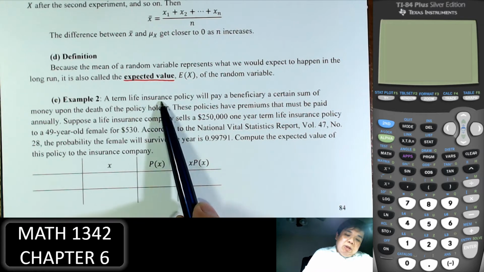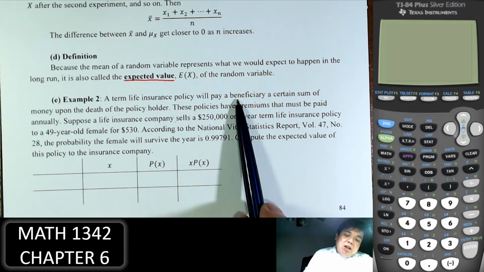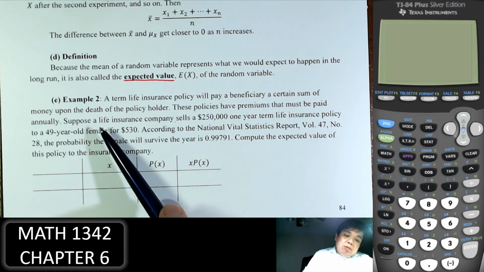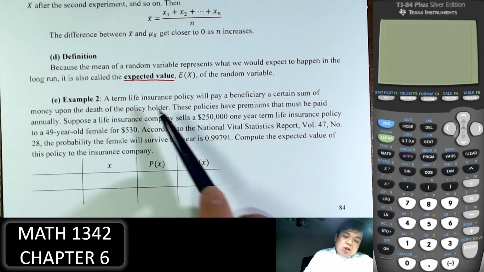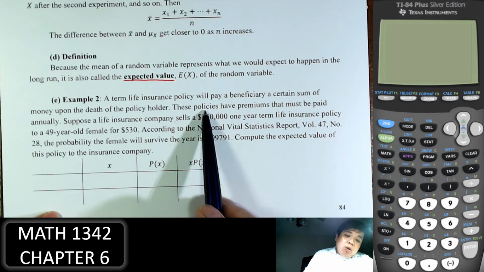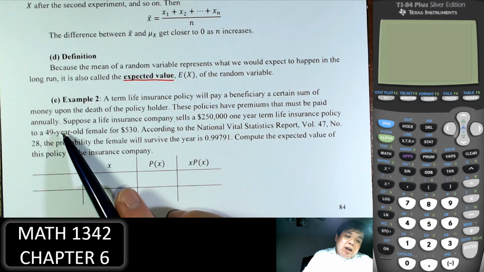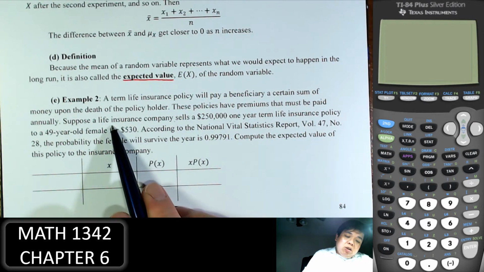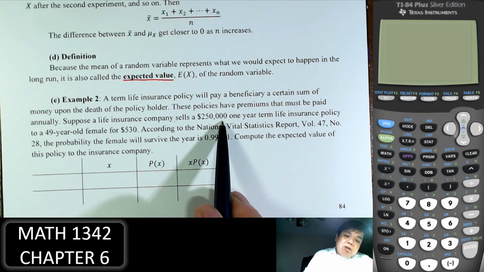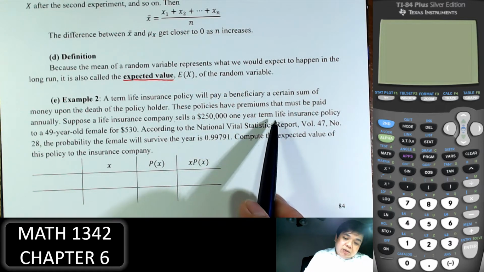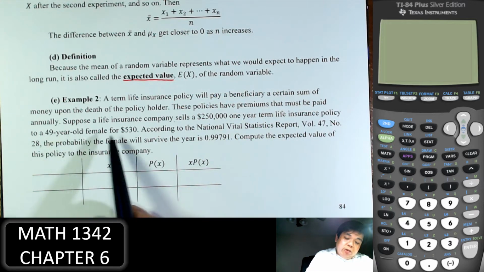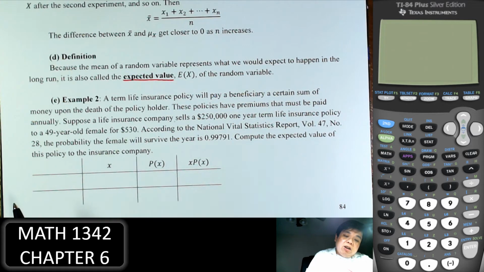A term life insurance policy will pay a beneficiary a certain sum of money upon the death of the policyholder. This policy has a premium that must be paid annually. Suppose a life insurance company sells a $250,000 one-year term life policy to a 4-year-old female for $530, and the statistics say that the probability that the person survives the whole year is that much.